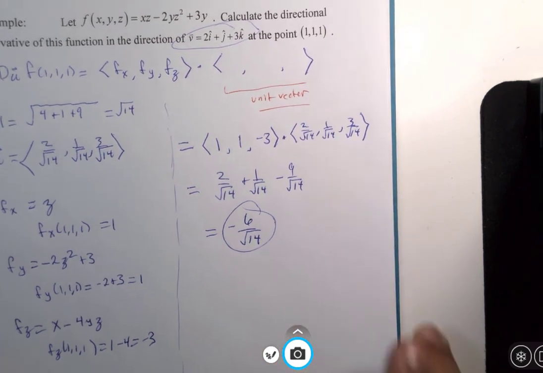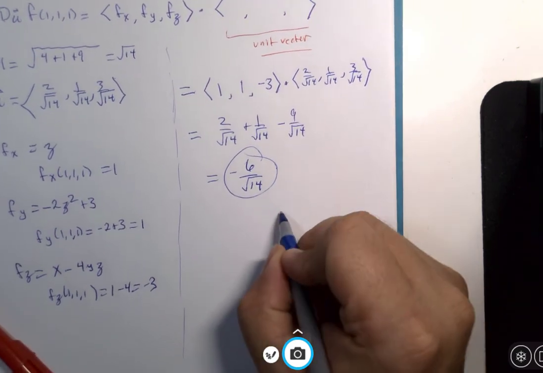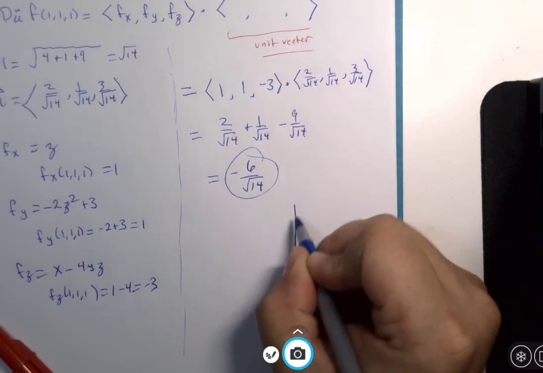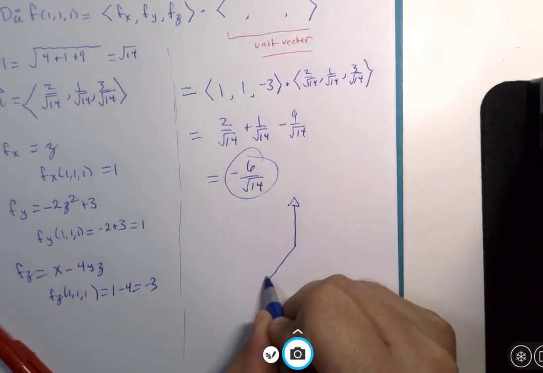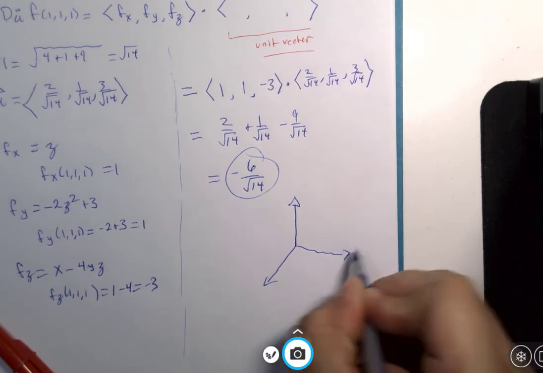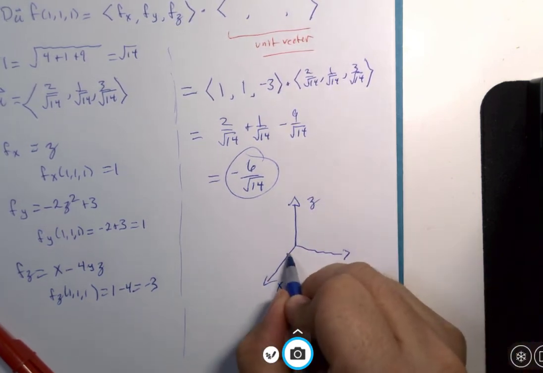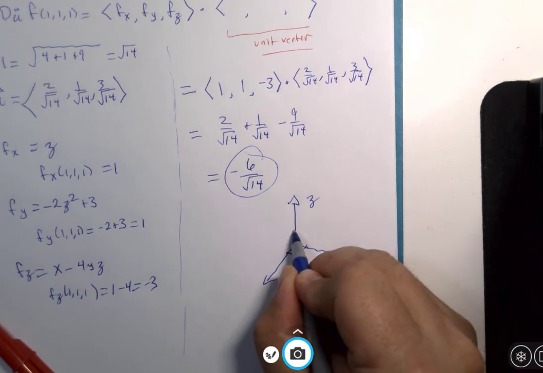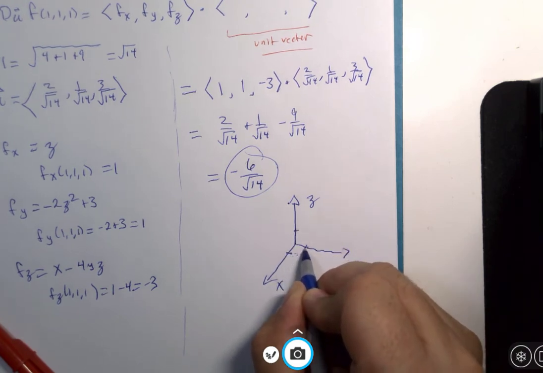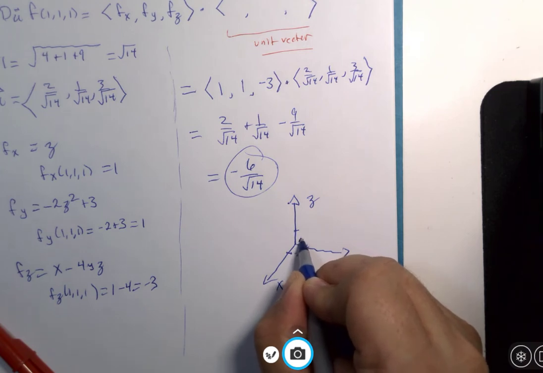So in 3 dimensions, z, x, y, okay? So let's suppose we go 1 unit in each direction. So we go here, we go up 1. So there's a point here in space.